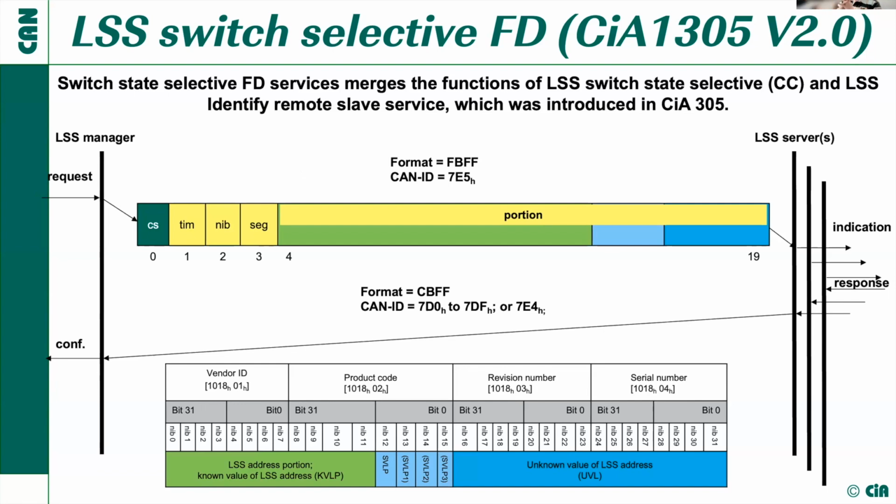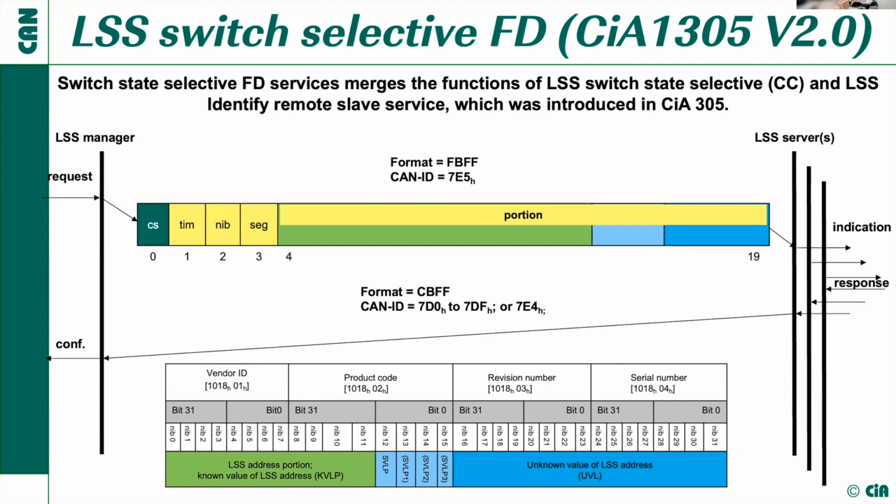And we identify via this value which part of the LSS address shall be equal to the LSS server's LSS address. What are the next 4 bits of this LSS address that we evaluate? And then the LSS servers can give me the response, okay, I'm in the scanning cycle.